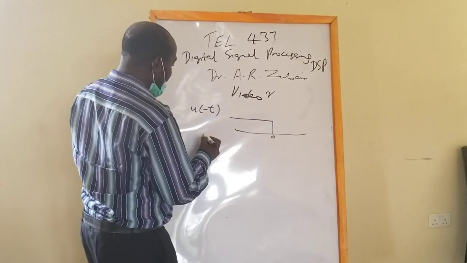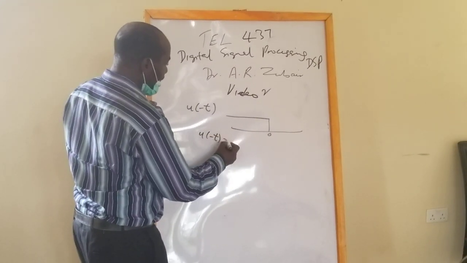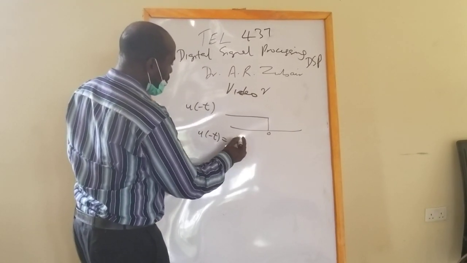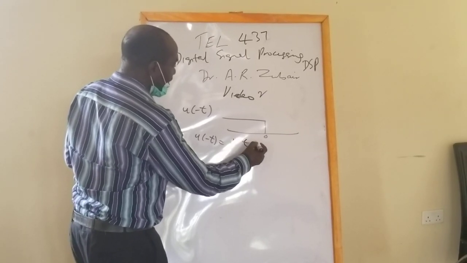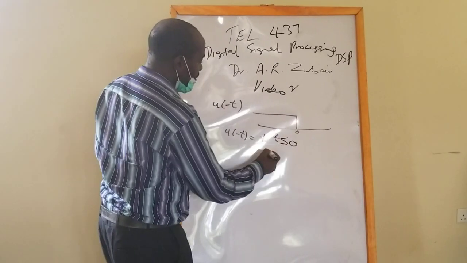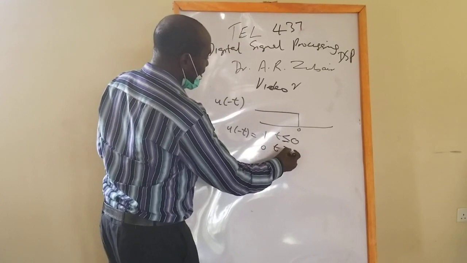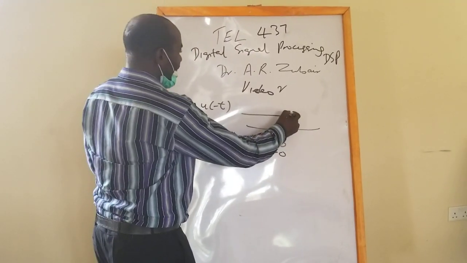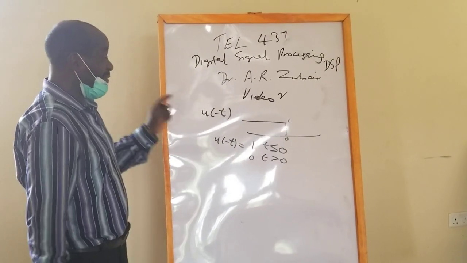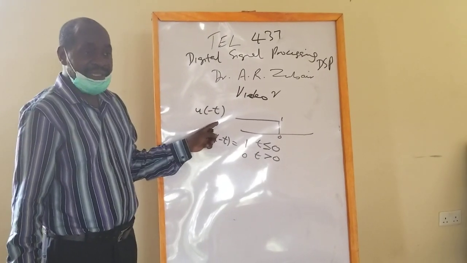So I can say u of minus t is 1 when t is less than or equal to 0. It is 0 when t is greater than 0. The height is still going to be 1. Whenever there is minus in front of t, that will be reversed.